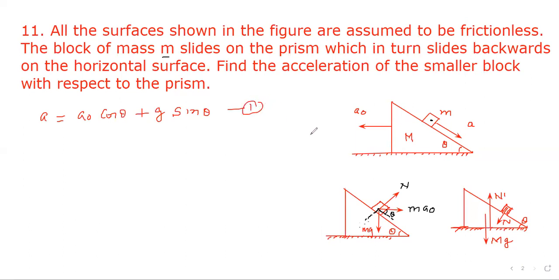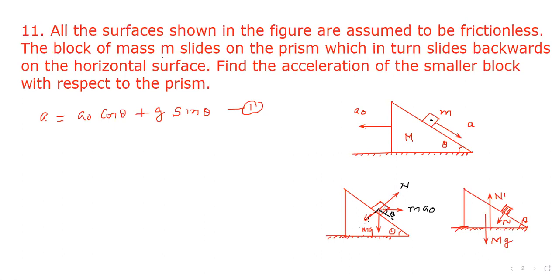Now we consider components of force perpendicular to the incline. In this direction, there is the normal force N, and the component of ma0 will be ma0 sine theta. And here, the component of mg in this direction will be mg cos theta.